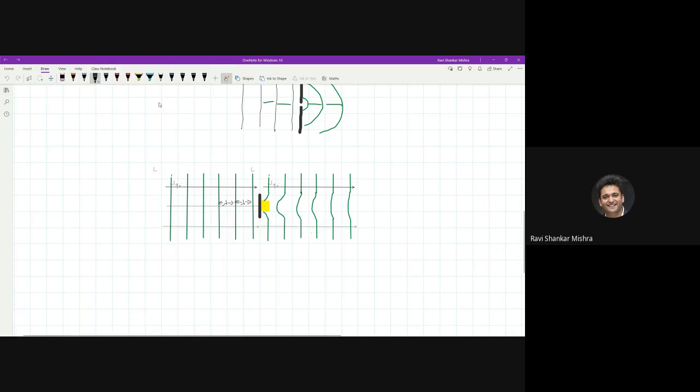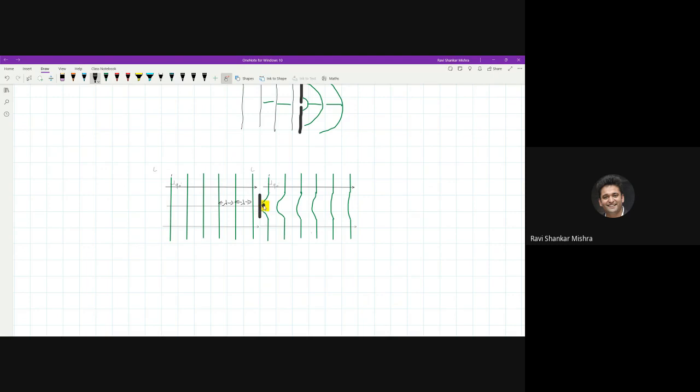Suppose these are water waves and there is an obstacle, and a small creature like a very small fish is here.